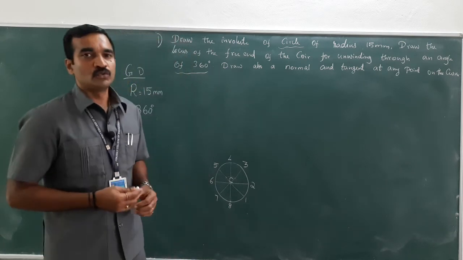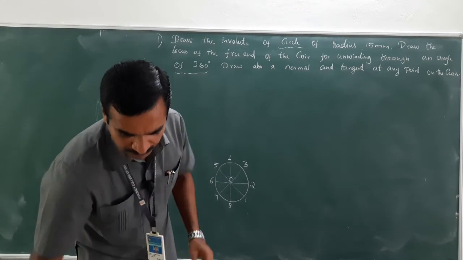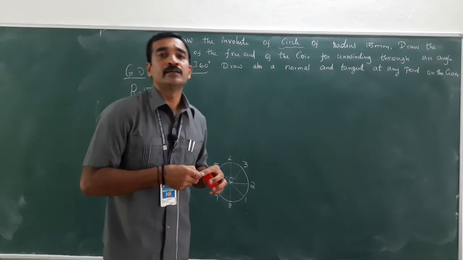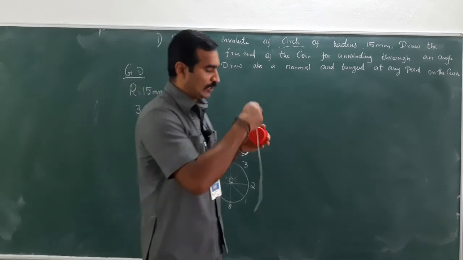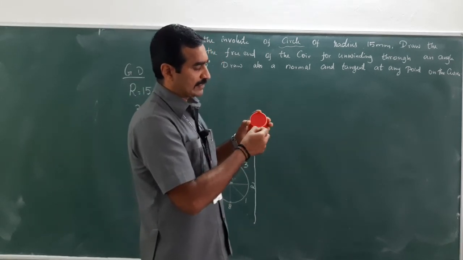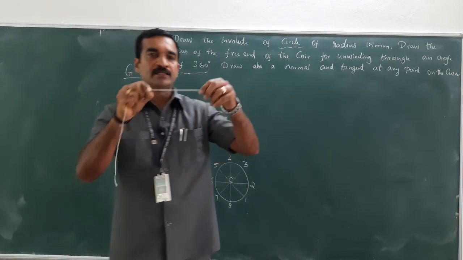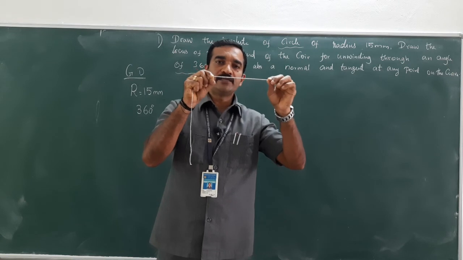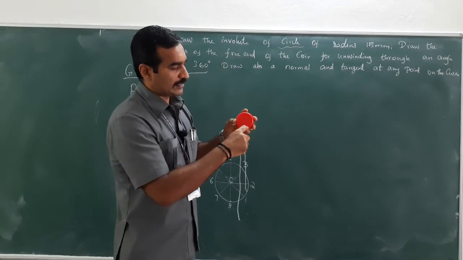For one complete turn, how much length of the string would have been consumed? To complete one full turn, that is 360 degree, the length is nothing but the circumference of the circle.